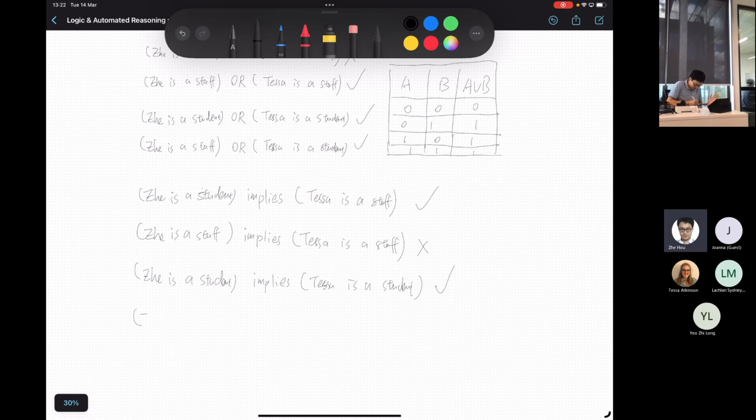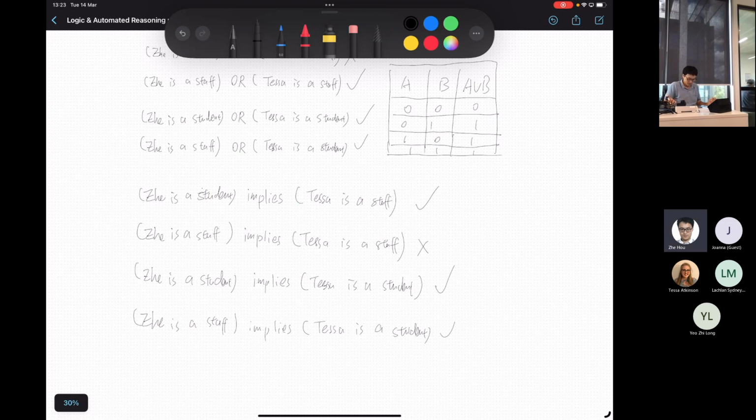The last one is stuff implies Tesla is a student. So the left-hand side is true and the right-hand side is also true. Therefore, it is true.